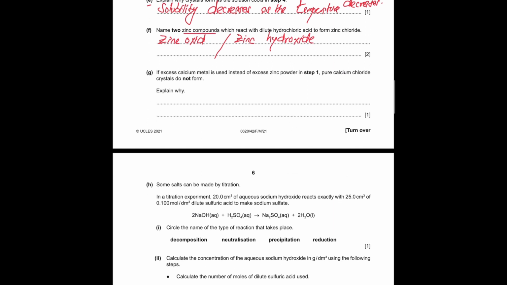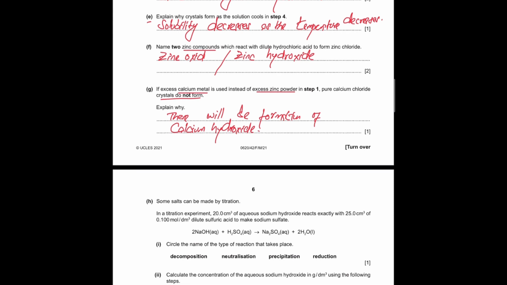If excess calcium metal is used instead of calcium powder, pure calcium crystals do not form. So why? There will be the formation of calcium hydroxide, because our acid is aqueous, so it contains water.